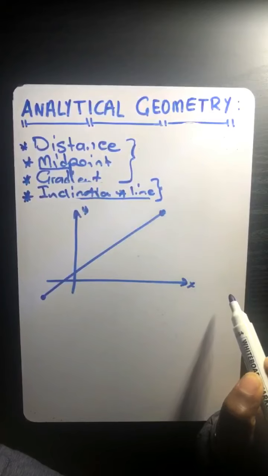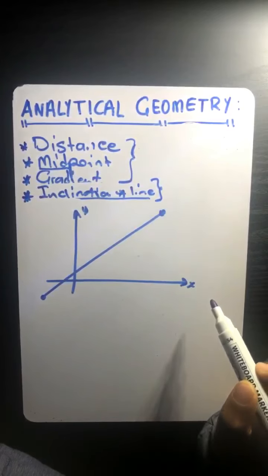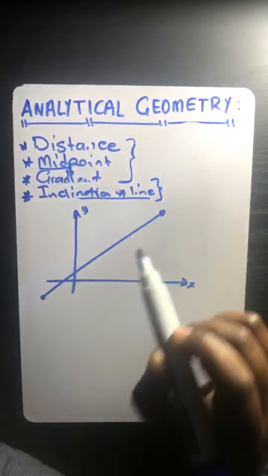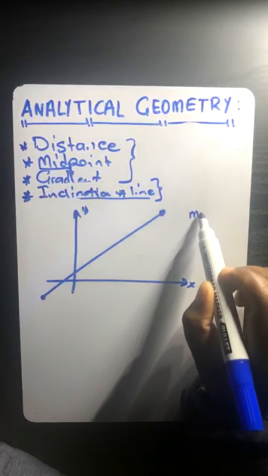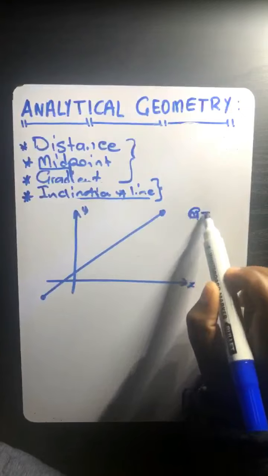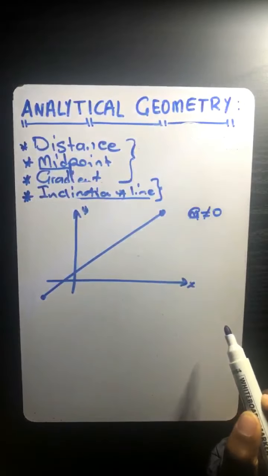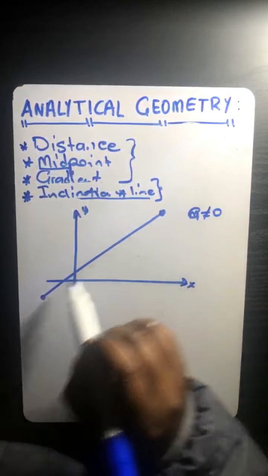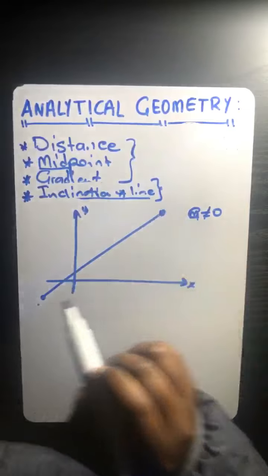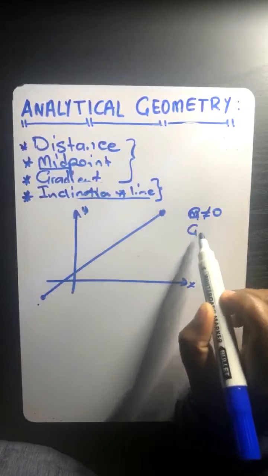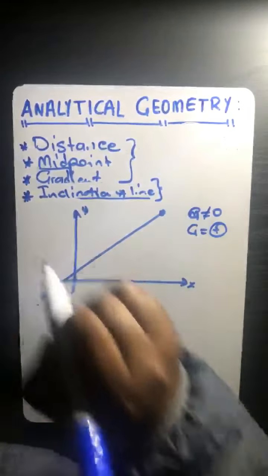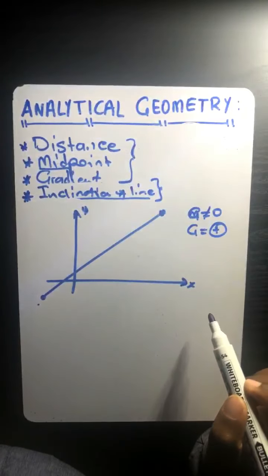Can you see this line is not flat, which means the gradient is not 0. And because this line is radiating from the first quadrant to the third, it's an indication that the gradient is positive. If it was the other line, we would have a negative gradient.